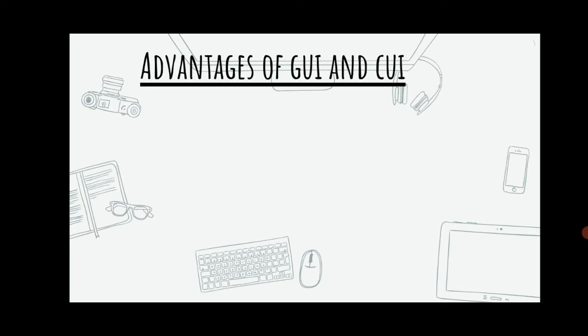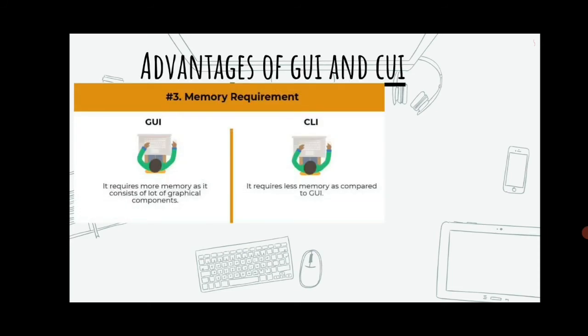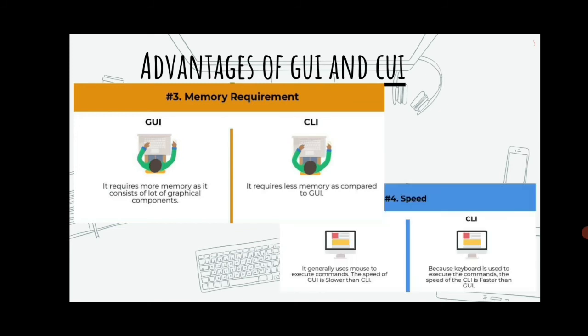And the next one is, based on memory requirement, GUI requires more memory as it consists of a lot of graphical components. In CLI, it requires less memory as compared to GUI.